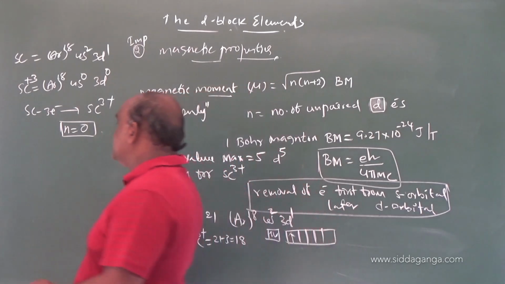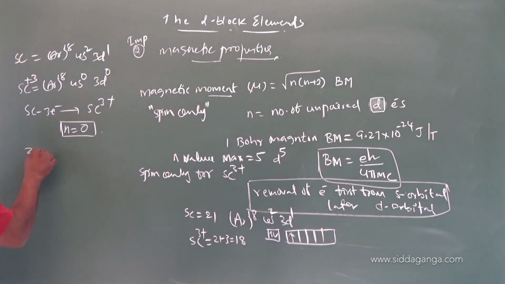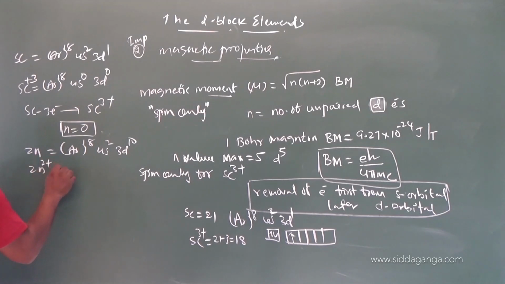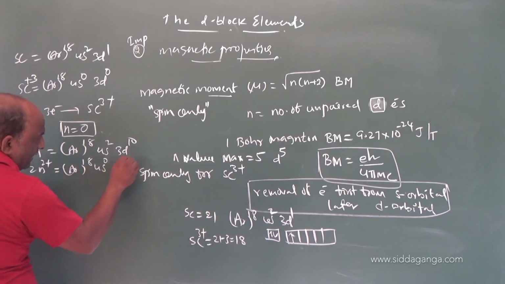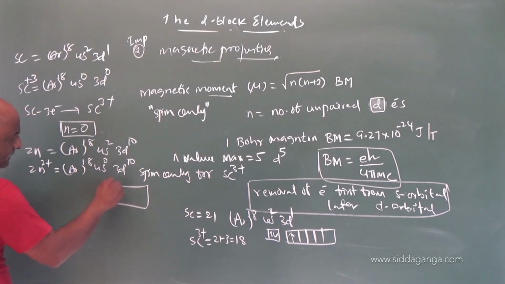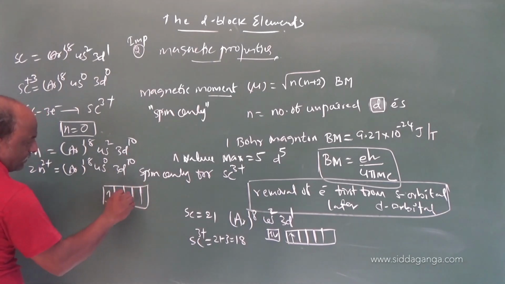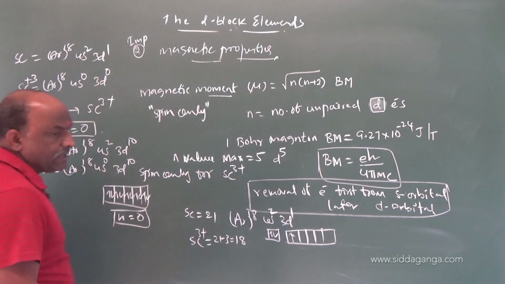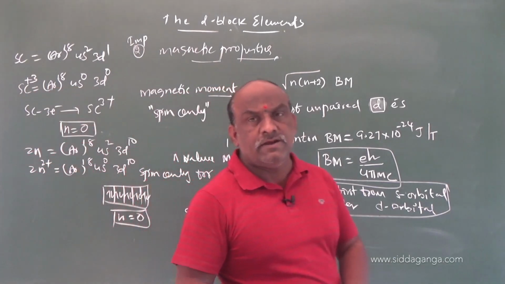Consider another example, zinc. Zinc has atomic number 30, and we know argon 18, 4s2, 3d10. For Zn2+, the configuration is argon 18, 4s0, 3d10. The d orbital contains 10 electrons: 1, 2, 3, 4, 5, 6, 7, 8, 9, 10. What is the n value here? Here also the n value is 0.